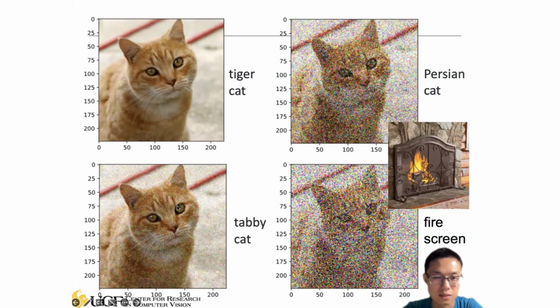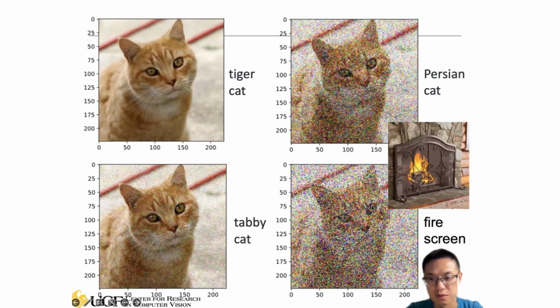Here we add a small level of noise to the image, and the network will output a different label, tabby cat. So it is still able to recognize this is a cat category. But if we add more severe noise, it will also generate a prediction of a different type of cat. But if we keep adding the noise, the object category changes, from the cat to fire screen.